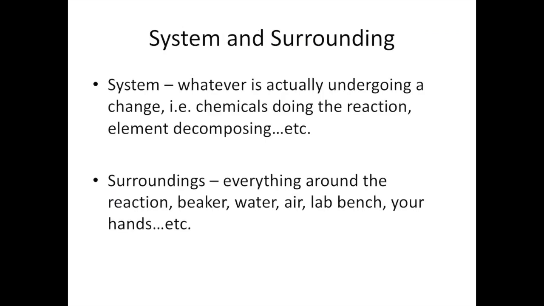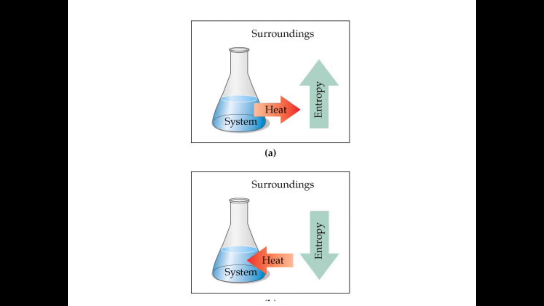We are going to define what your system is and what the surroundings are, because that is where your heat exchange is going to happen in a lot of our calorimetry and other problems that we're going to talk about. So here's your system. Your system is basically whatever the reaction is.